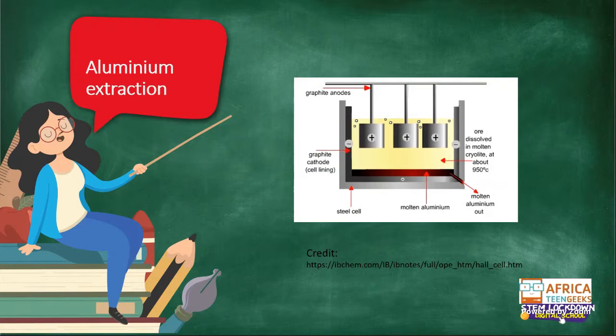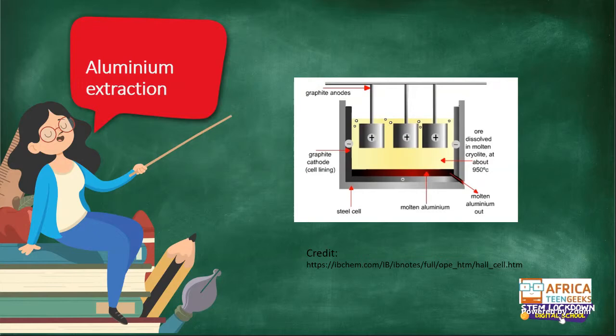And so what will happen is both your cathode and your anode, so these are your little anodes, the three things hanging here, are made up of graphite. And graphite is made up of carbon. Okay, it's a form of carbon. So when you run a current through the system, your bauxite, which is normally aluminium oxide, will be separated from the oxygen.